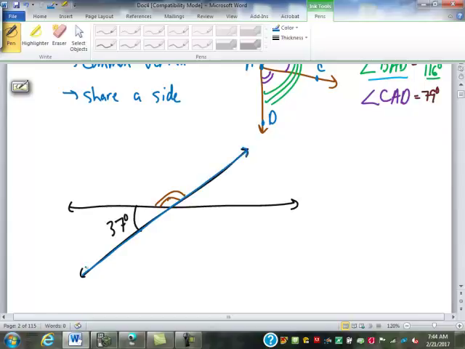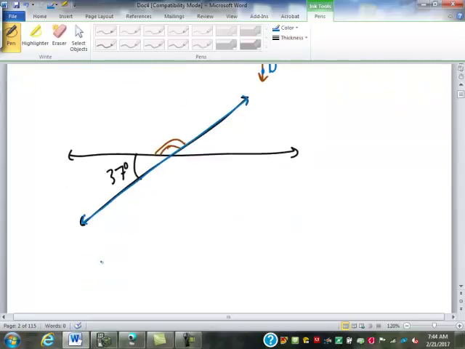That, of course, is a straight line, right? So the 37 degrees and then our angle marked in brown form a straight line, which means they are supplementary. Which means this angle must be 180 degrees minus 37, or 143 degrees.